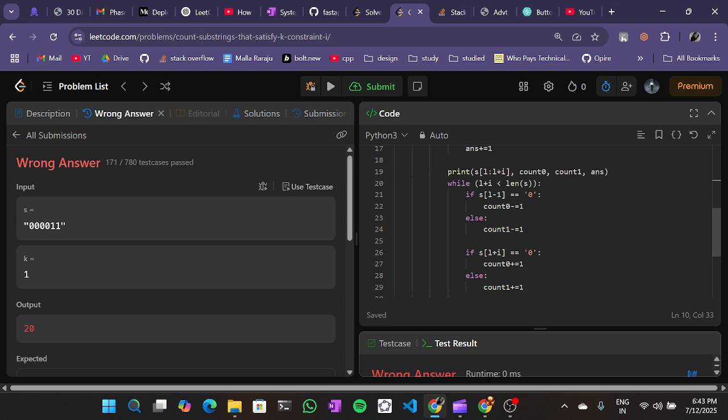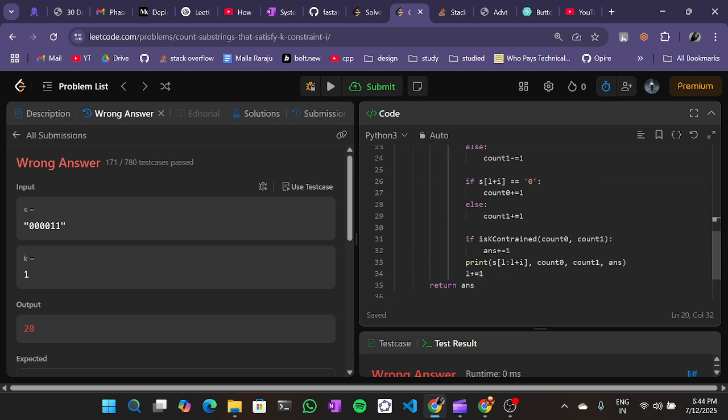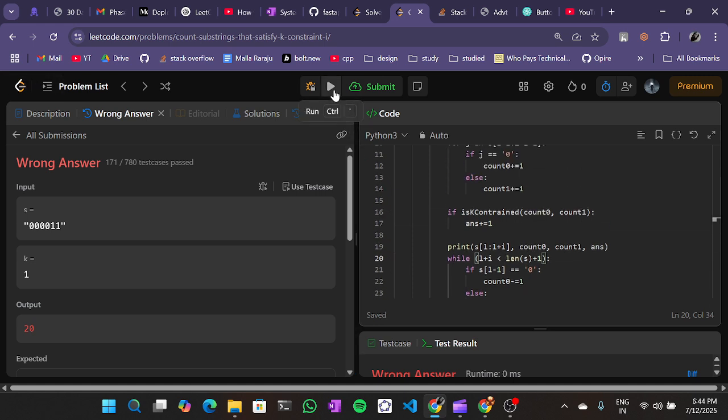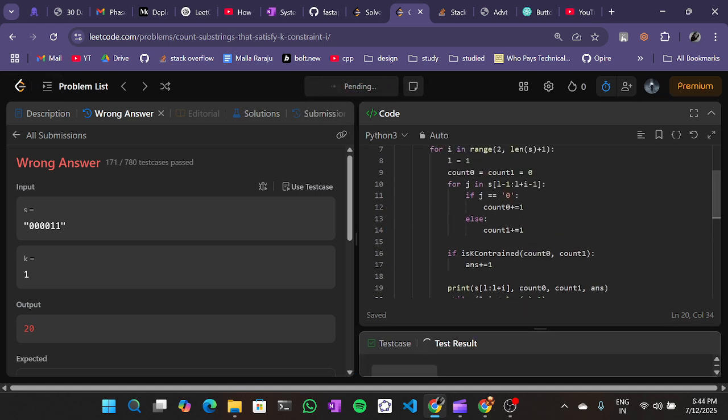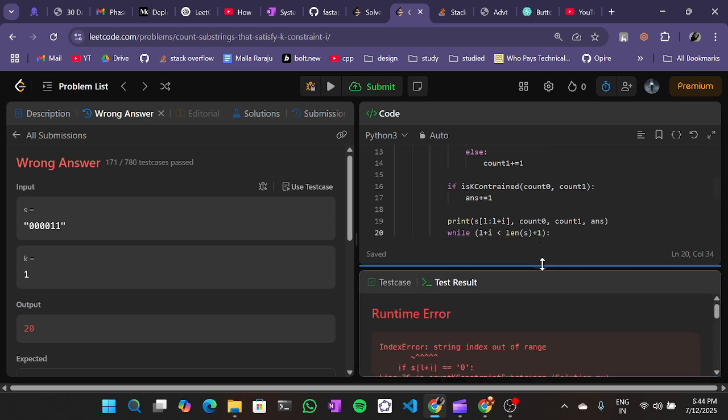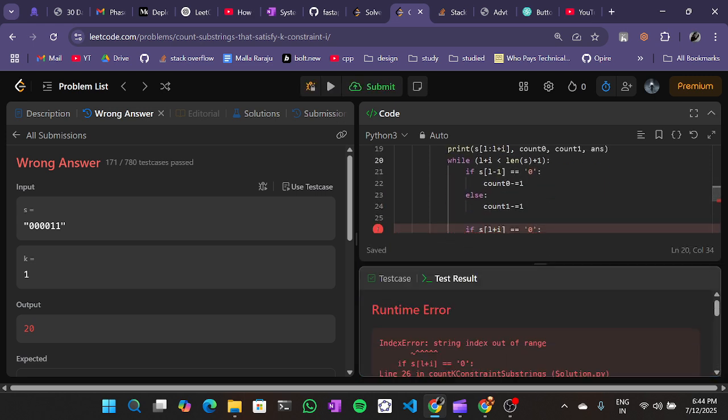So plus is less than. It might now raise an error, as I thought.